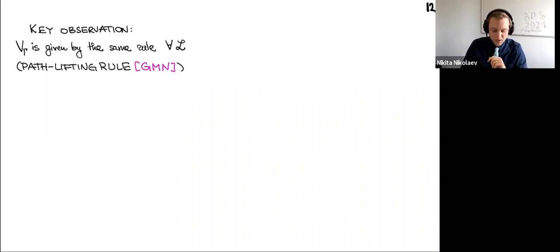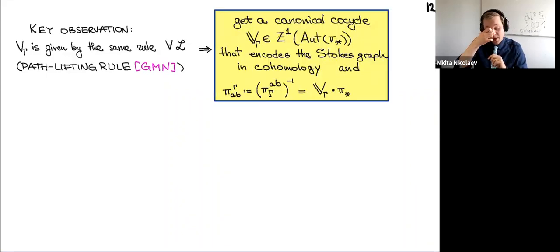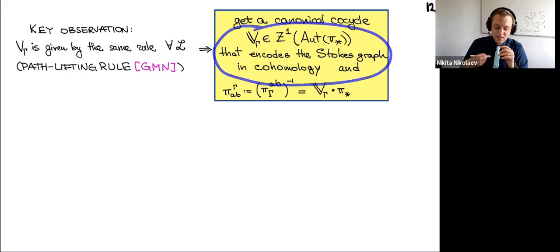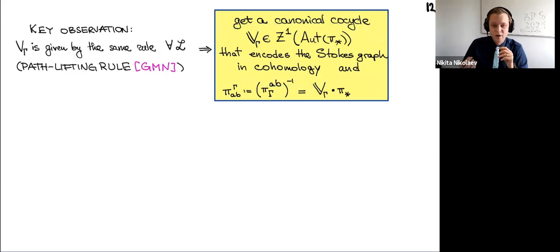And so one way to say it is that what you actually get is a cocycle not valued in automorphisms of the push forward of L, but rather in automorphisms of the push forward functor. I guess the way you could see this is as a kind of encoding of the Stokes graph in cohomology. You could ask, how does the Stokes graph help you abelianize a connection?